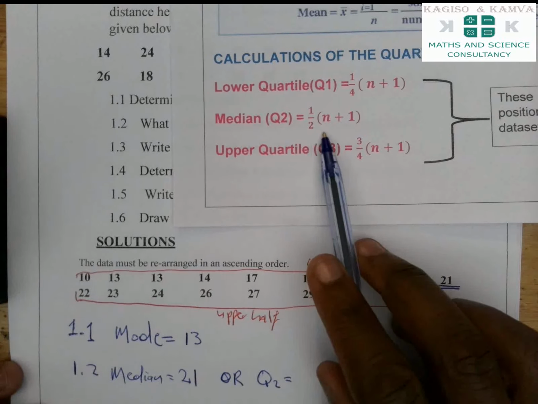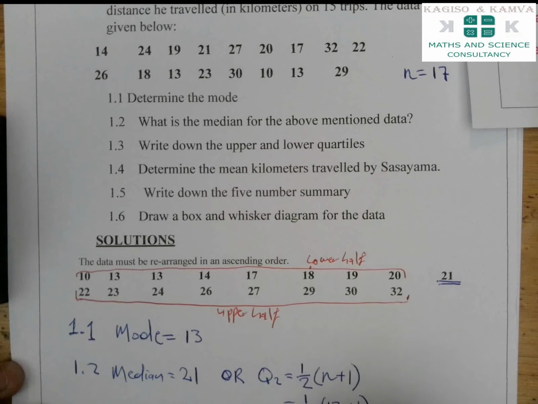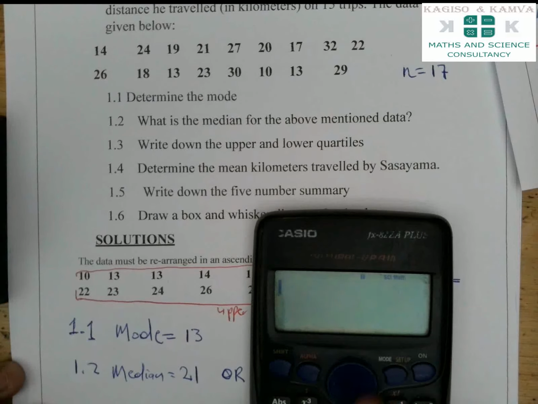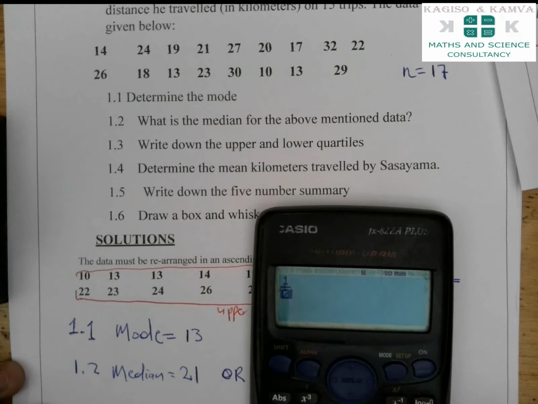The number of elements in this data set is 17, so this is going to be 17 plus 1.